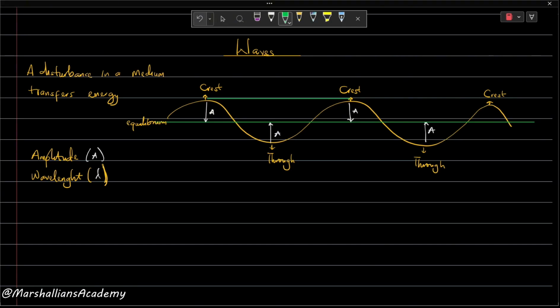Okay, let me do it in an ink that you should be able to see. That green is hiding. So this is a wavelength, one wavelength. I could also call this one wavelength as well.